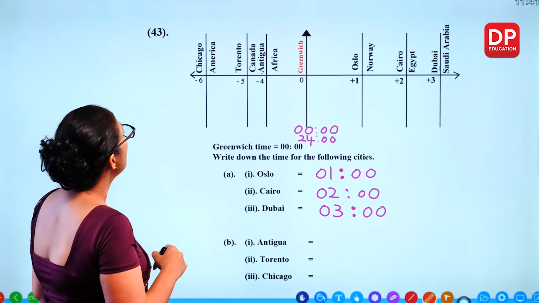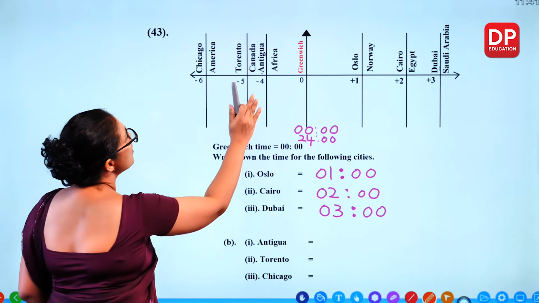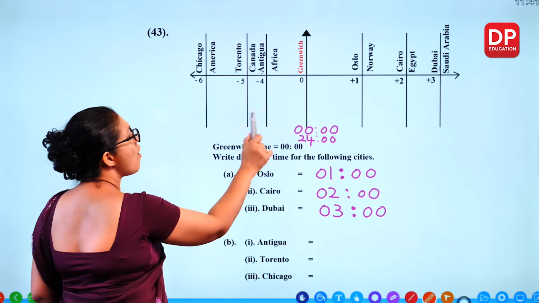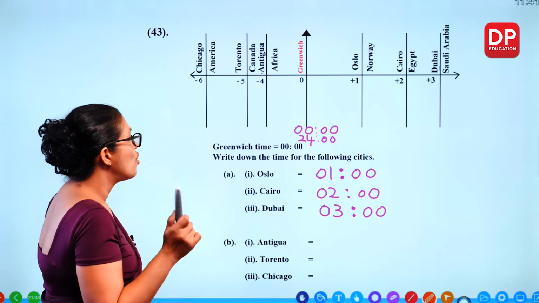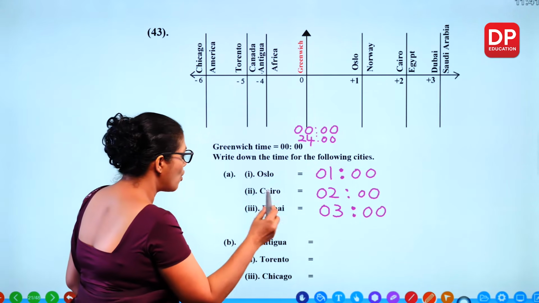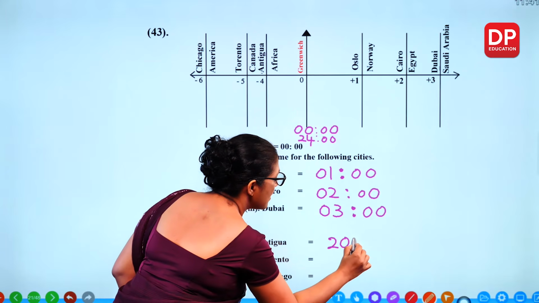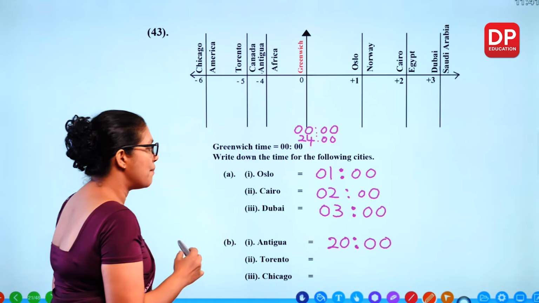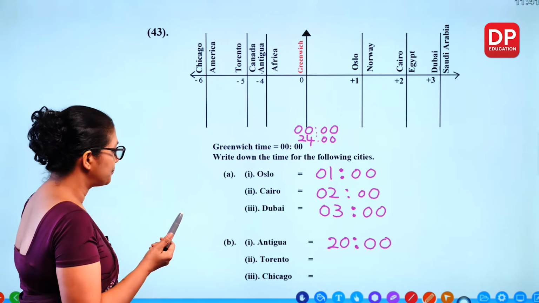Antigua. Antigua is towards this side, negative 4. That means you have to subtract 4 hours from 24. 24 minus 4, 20. That's in the evening, p.m., 8 p.m.